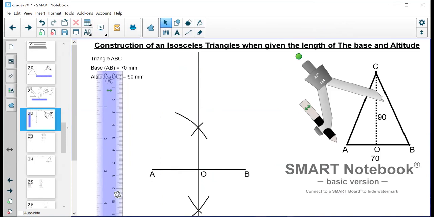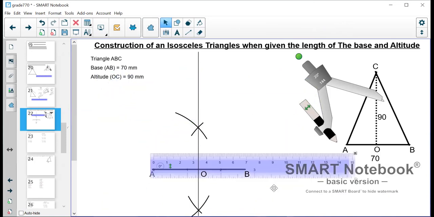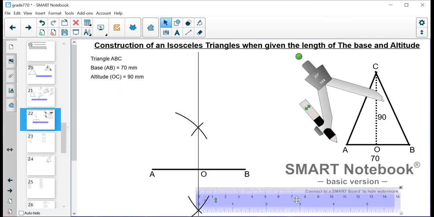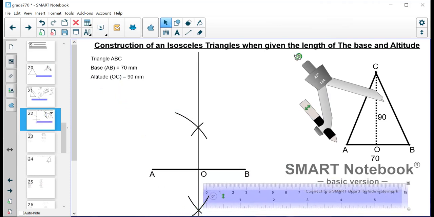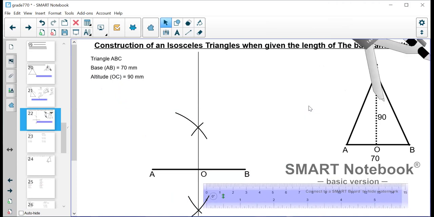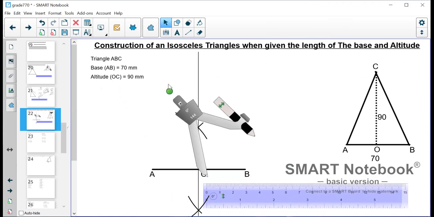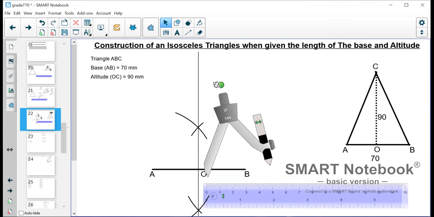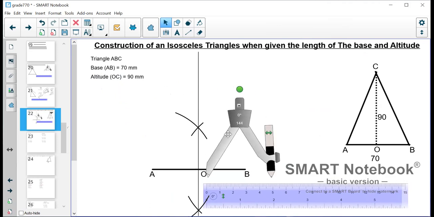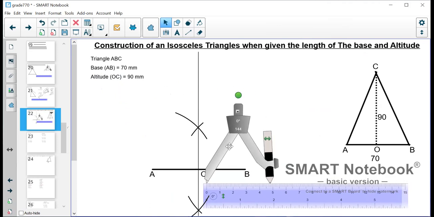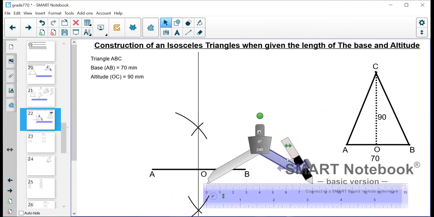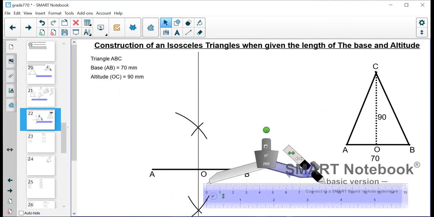So now with that center O, we can actually find the length of the altitude. And we normally do that using the pair of compasses, all right? Because remember, we're constructing, right? We're not drawing. So if we were drawing, then we would have taken the ruler and just measured 90 mm. But in this case, we have to show how we obtain that 90 mm.